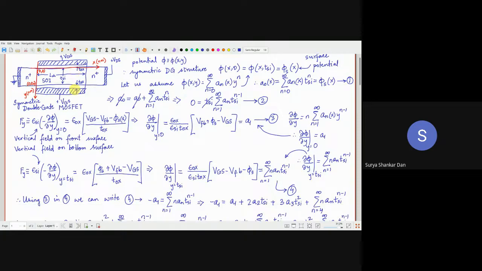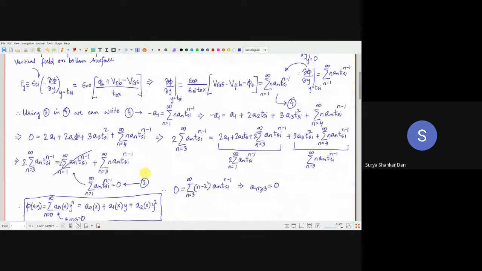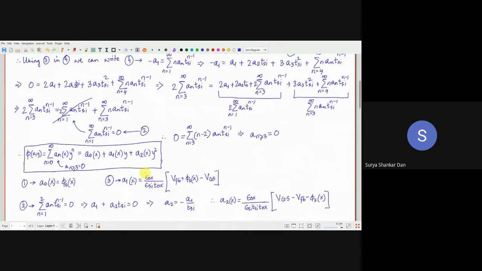I used the power series method of mathematical modeling, and I established that all the coefficients an for n greater than or equal to 3 will be 0. So essentially your potential profile is always going to be a parabolic relation. In almost all the papers in the world, most people will write that this is a parabolic approximation, but I remind you, it is not an approximation, it's a mathematical reality.